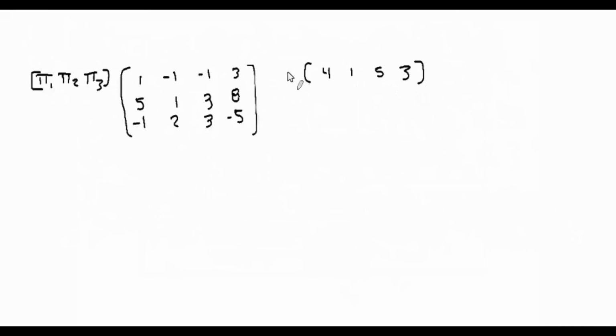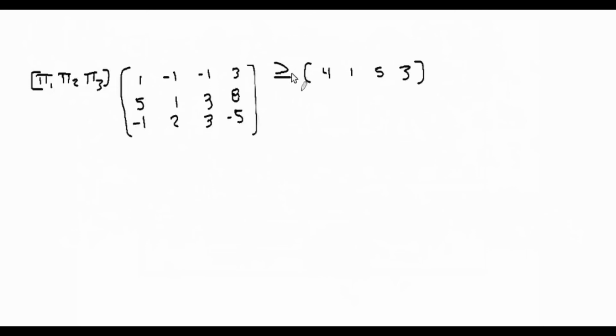And I told you that our first dual constraint was going to be this pi row vector times the first column of the constraint matrix is greater than or equal to 4.